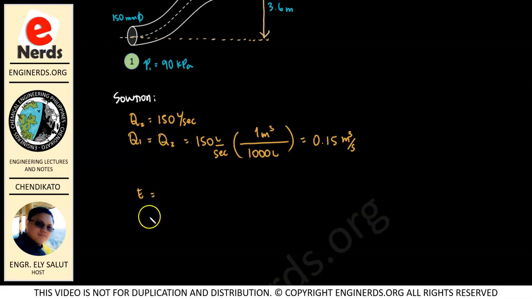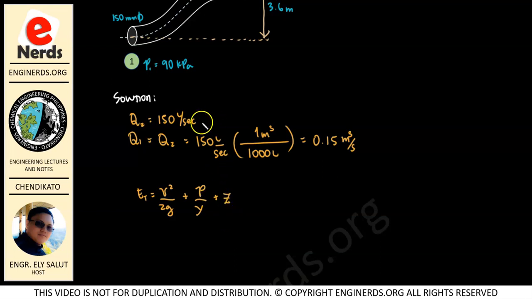So our equation for the total energy is equal to kinetic energy, which is velocity squared over 2g, plus our pressure head, which is pressure over our unit weight, plus our elevation head, which is equal to z.